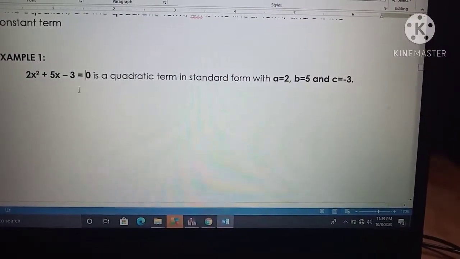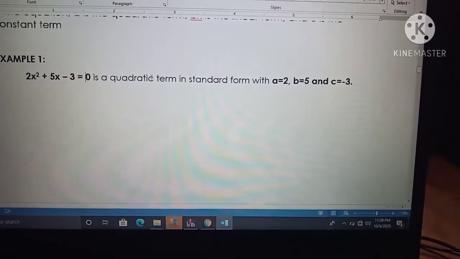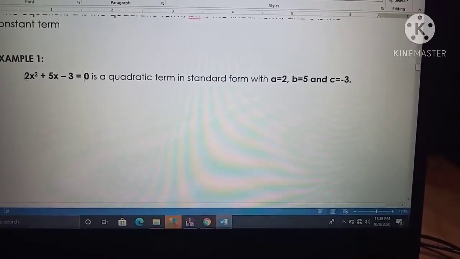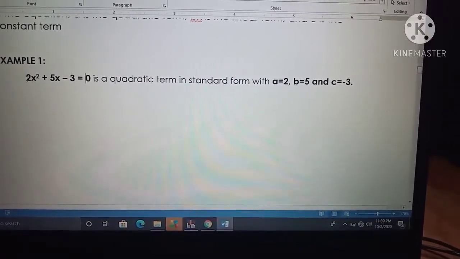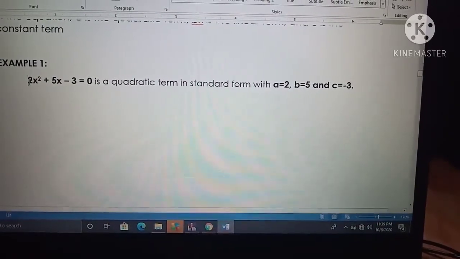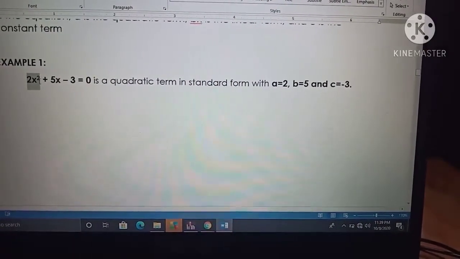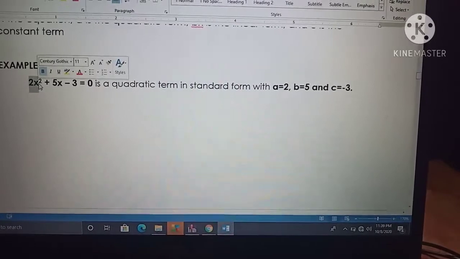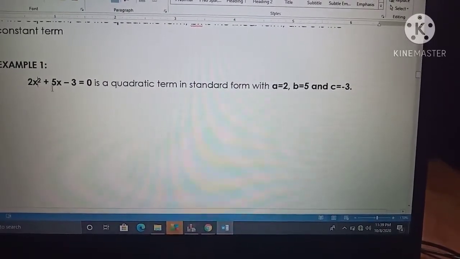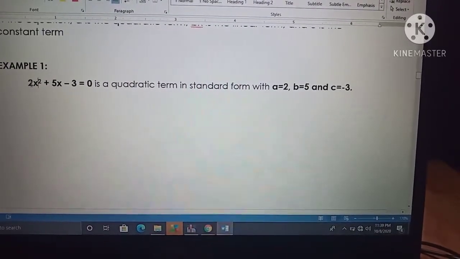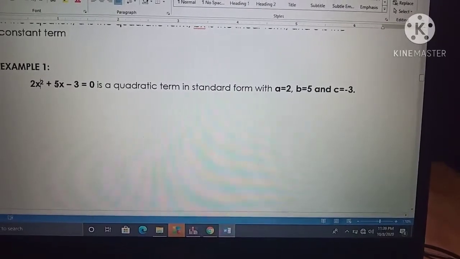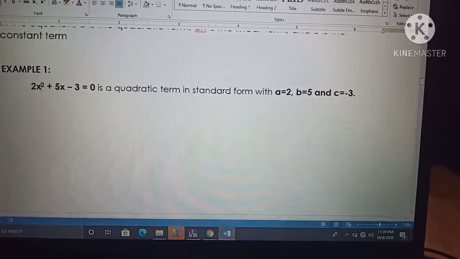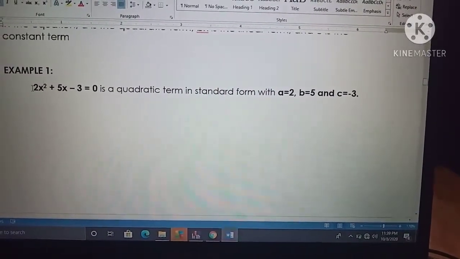So, paano natin ma-identify yung value ni A, B, and C? So, yung A natin sa equation na to is positive 2. So, ito yung quadratic term. Sunod naman is the linear term which is the B. So, ano sa equation na to?